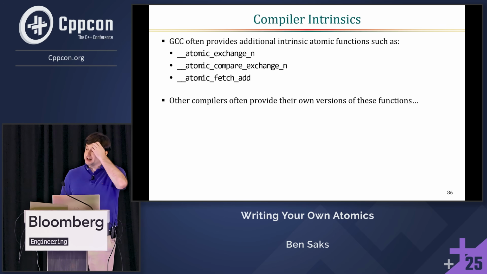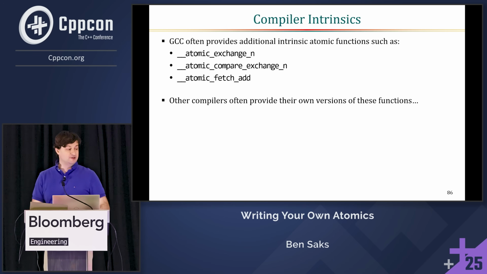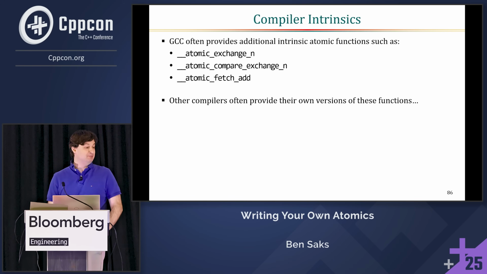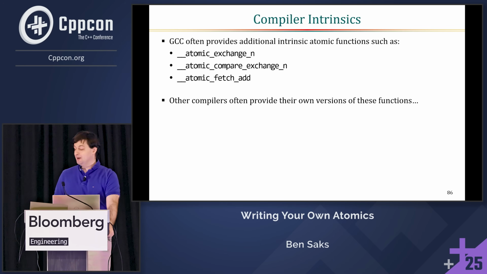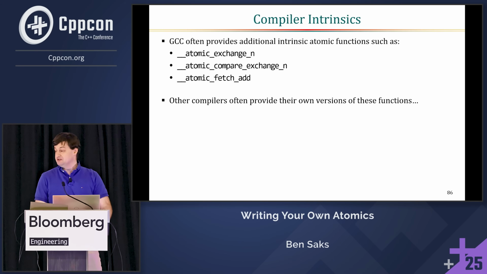Now, your compiler may not provide all of these. I found that the Arduino was happy to provide 1-byte versions of these functions, but it was not so happy about 2 and 4 and 8-byte versions.